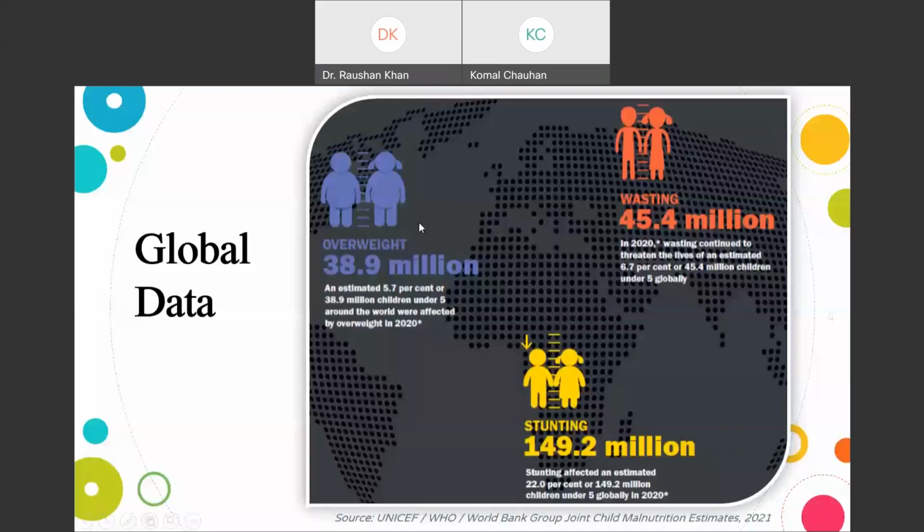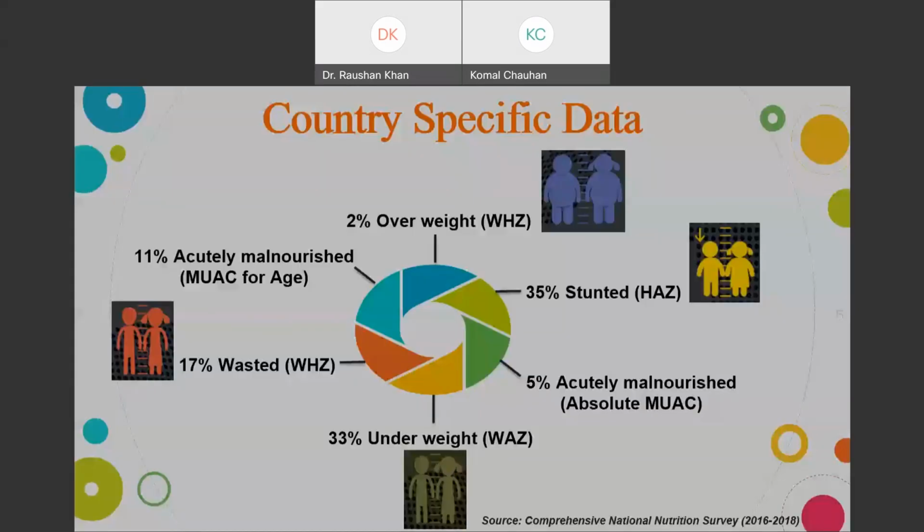Similarly, overweight is also a condition under malnutrition, and 38.9 million children are overweight. This data is sourced from the UNICEF, WHO, and World Bank Joint Child Malnutrition Estimates 2021.